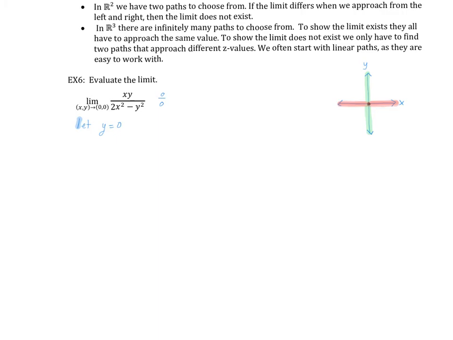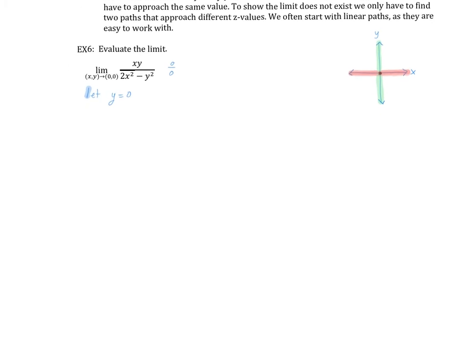So if y is equal to 0, I'm going to rewrite this limit. And now I no longer need the ordered pair x and y because I'm setting y equal to 0. So really I'm just looking at x approaching the x value of 0. In my expression, if y is equal to 0, it becomes 0 over 2x squared.